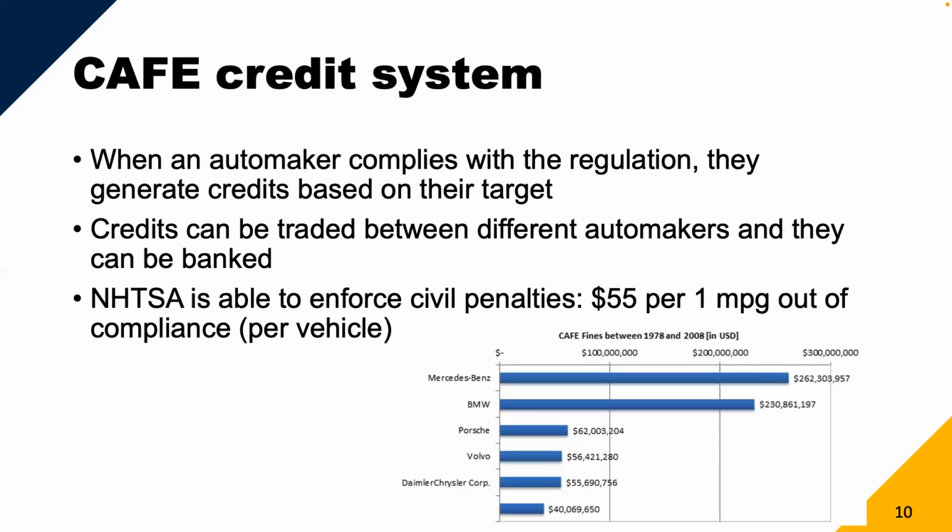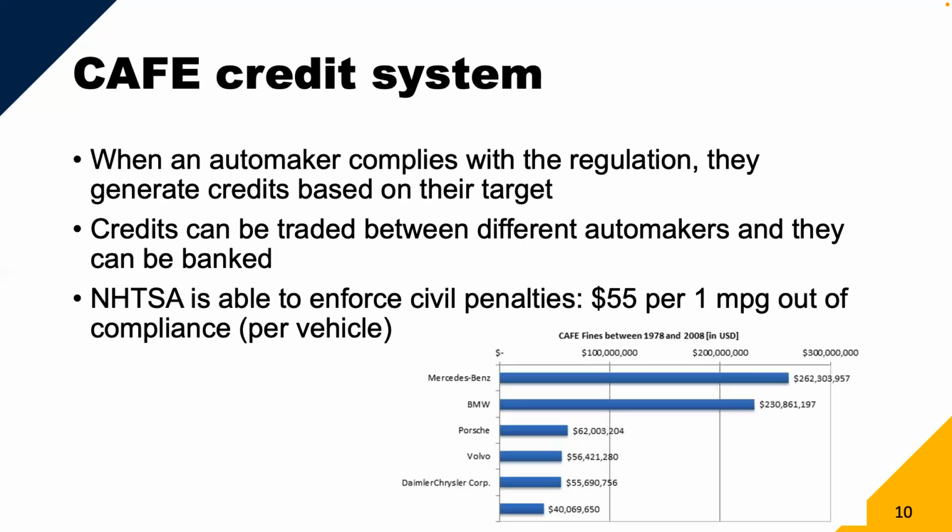So the historical precedent has typically been Asian automakers, so think Honda, Toyota, Hyundai, Kia. These guys have usually been exceeding compliance, so they generate banks of credits. And we don't really observe too much trading happening.